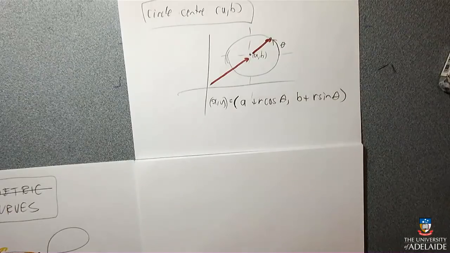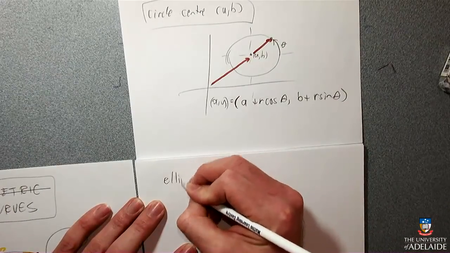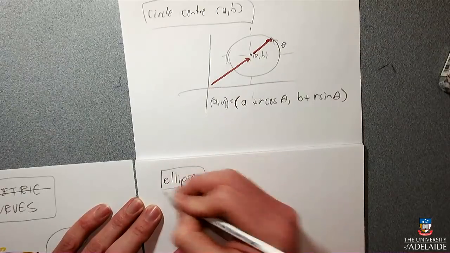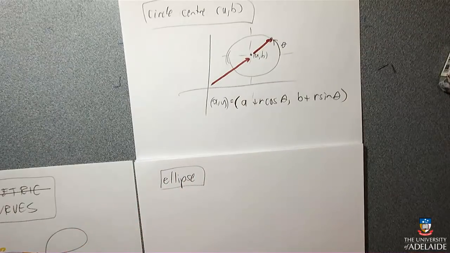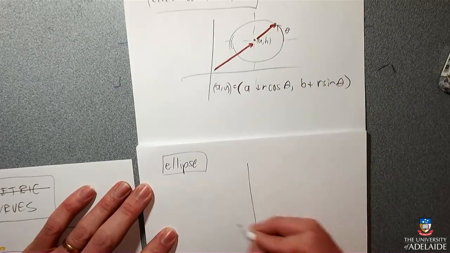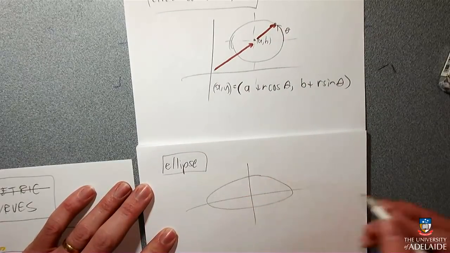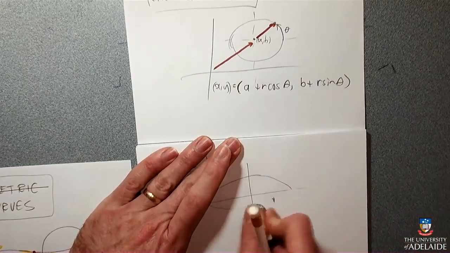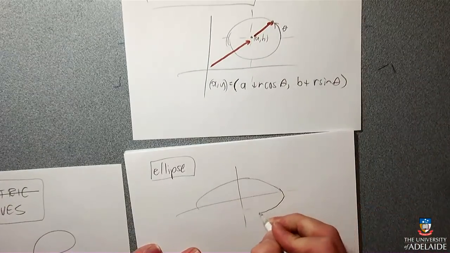The other thing I think is cool is an ellipse. I love ellipses. An ellipse has two radiuses.